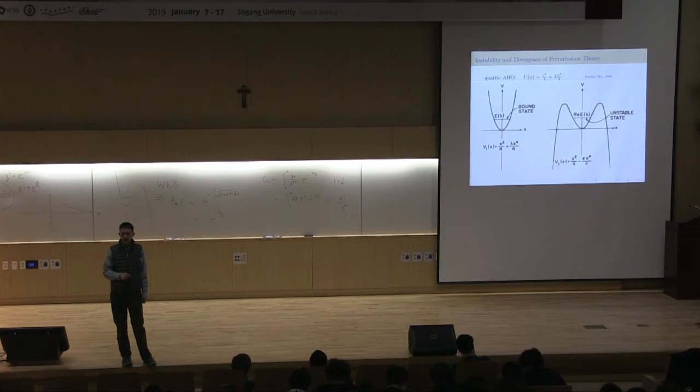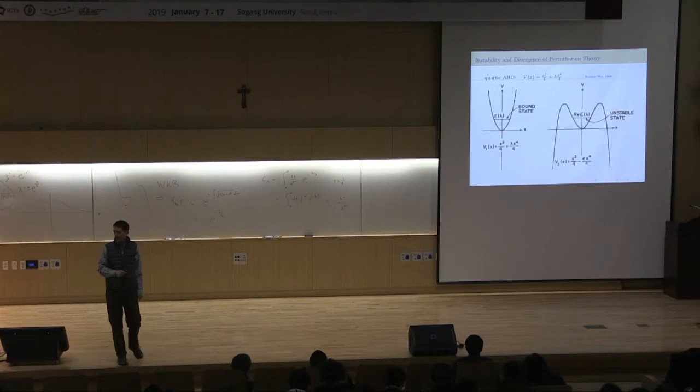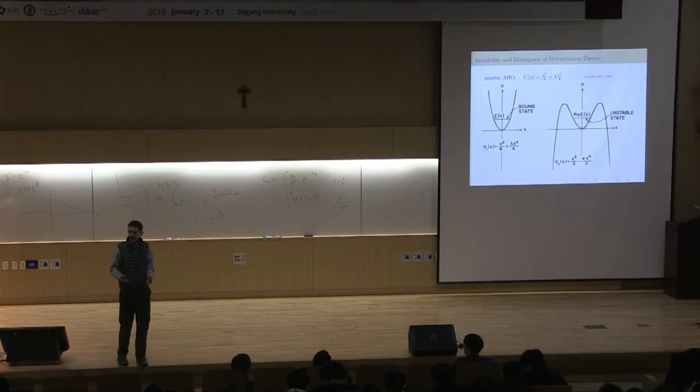Okay? And there's no way you can have an imaginary part if it were convergent, because you would just be summing real terms, and it's convergent, so you just get a real answer.